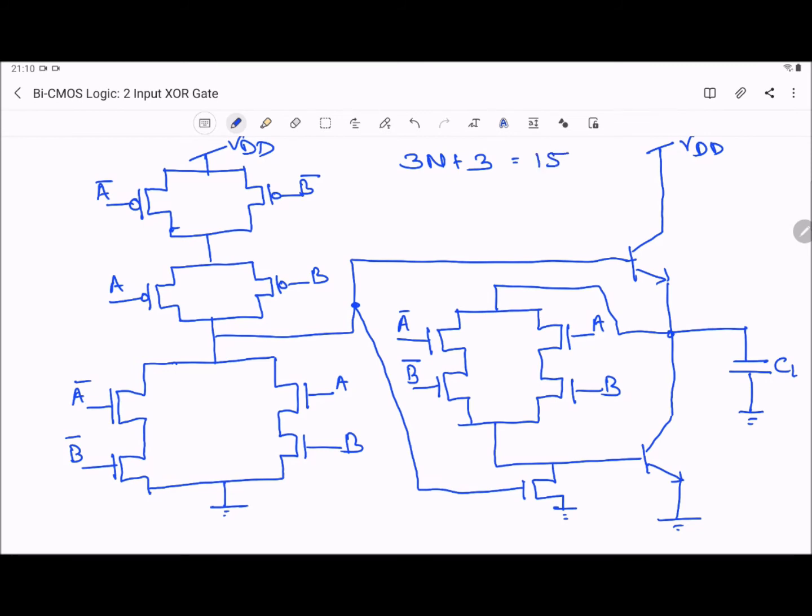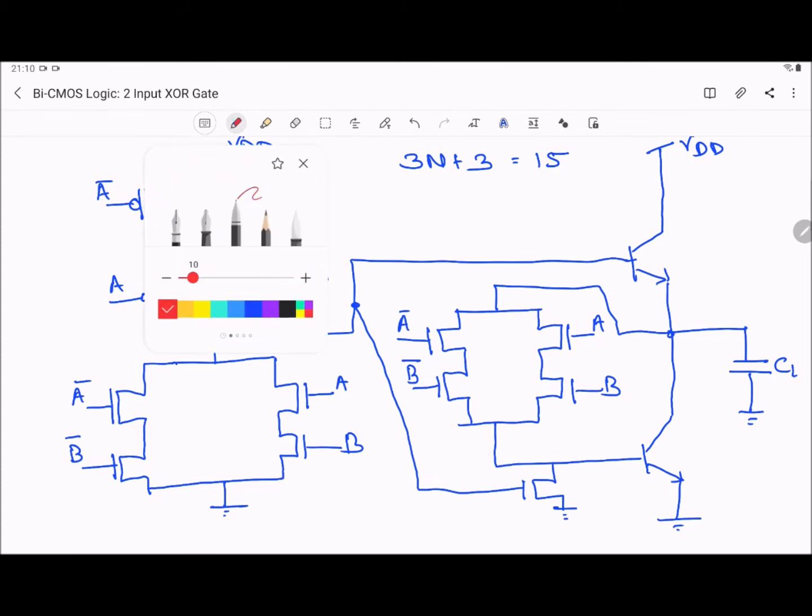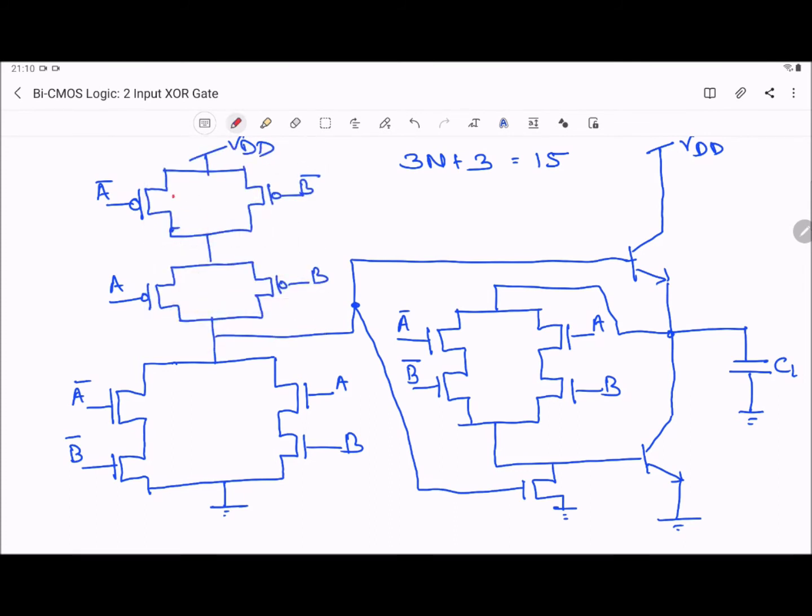Here n is equal to 4. So let us write the transistor count: 1, 2, 3, 4, 5, 6, 7, 8, 9, 10, 11, 12, 13, 14 and 15.